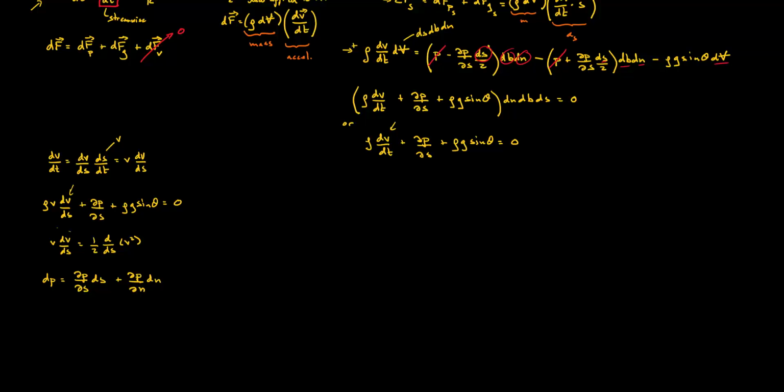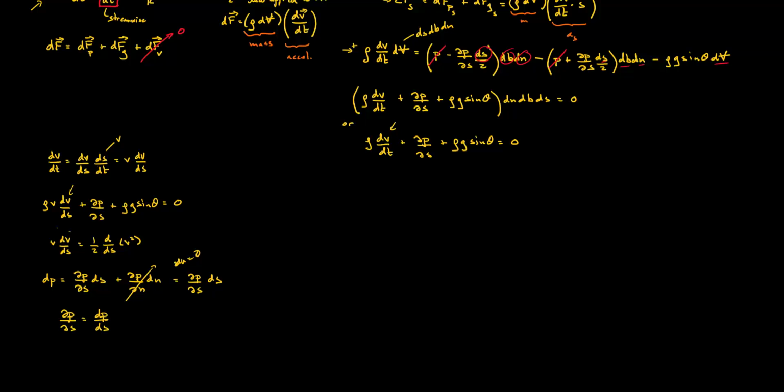We are only considering the displacement along the s direction, so we can set dn equal to 0. What we recover is the change in pressure in the s direction, ds, meaning that we can replace this partial derivative with just an ordinary derivative.